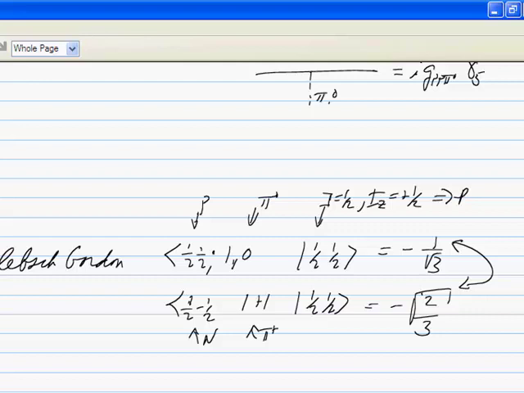Do people understand what I'm saying when I say that? I'm quickly going through how you would do it in group theory.